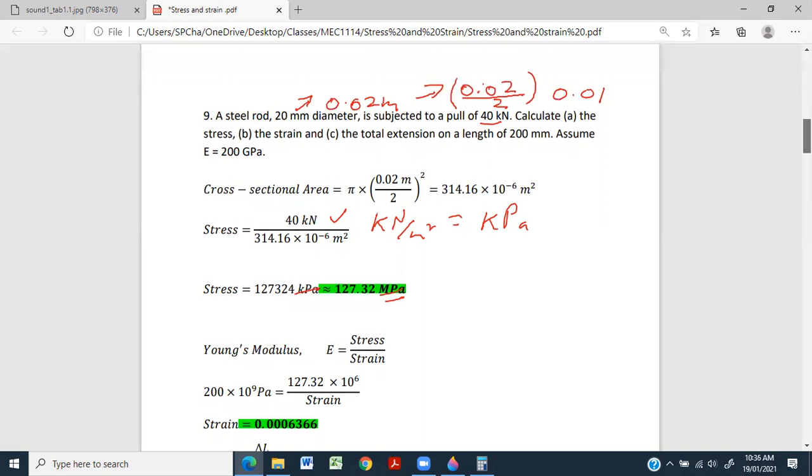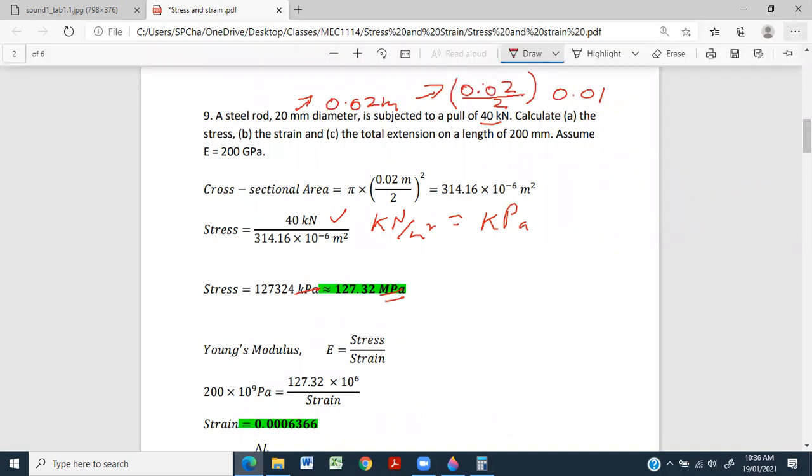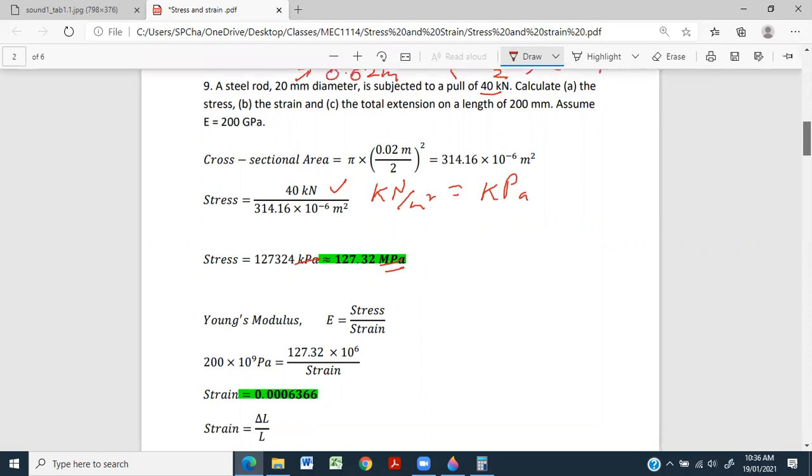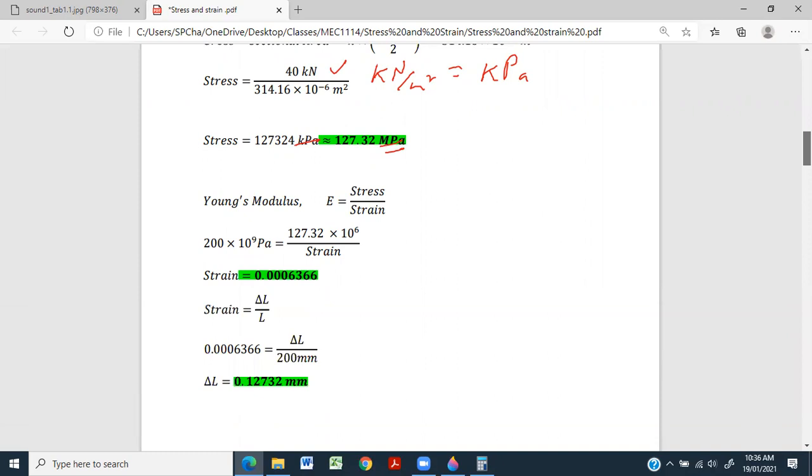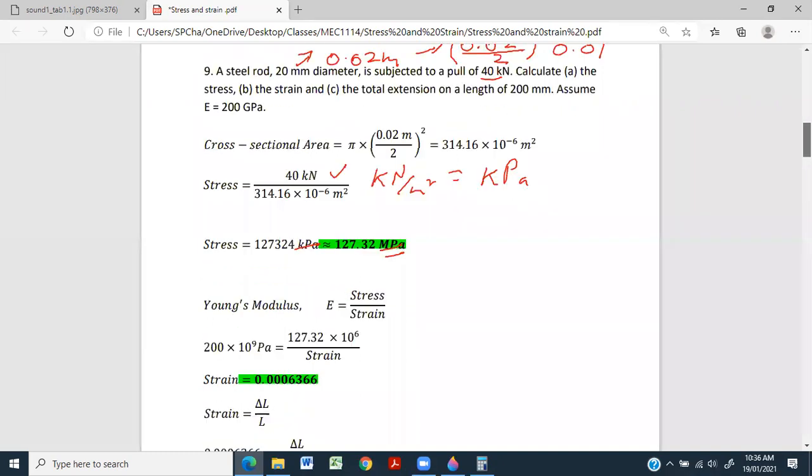So next, part B, the strain. So we figured out the stress. Now it's time to figure out what the strain is. So they gave us Young's modulus, they gave us E, right? Assume E to be 200 gigapascals.